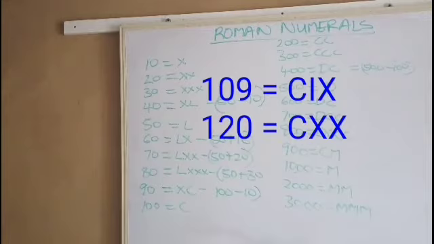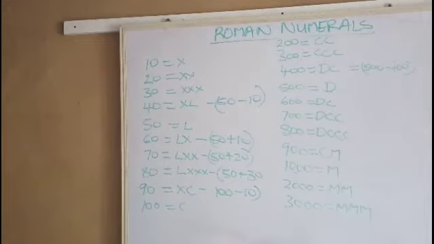Now if you are asking 120, 120 is simply CXX. You add 20 to 100. If I ask 141, that is CXLI. So you are just adding it. That is how simple it is.